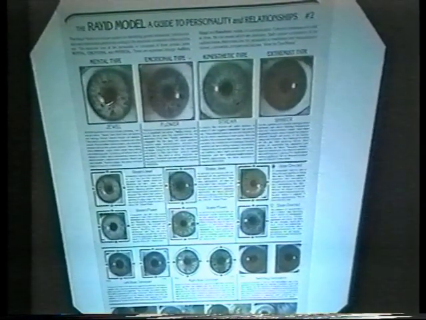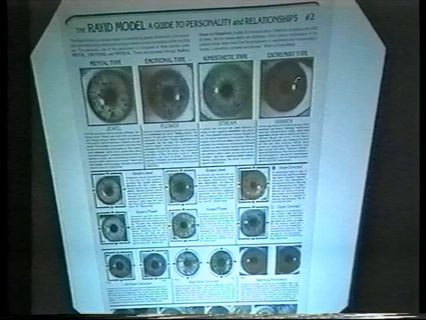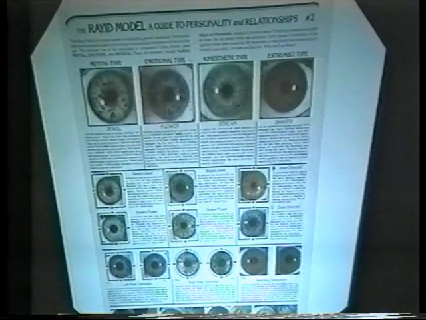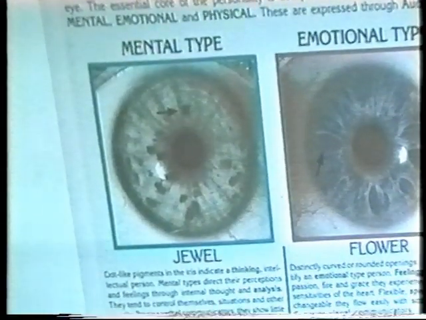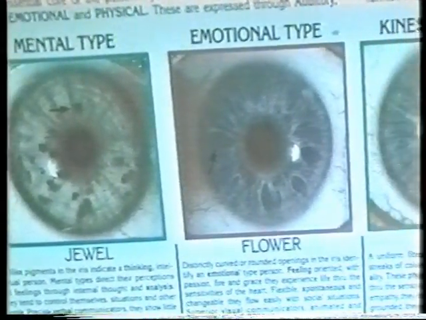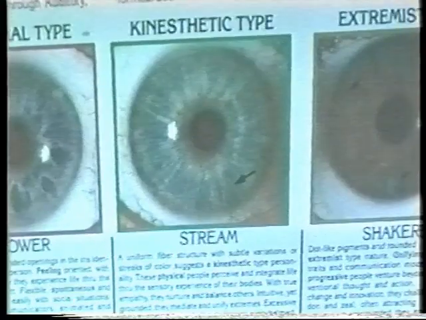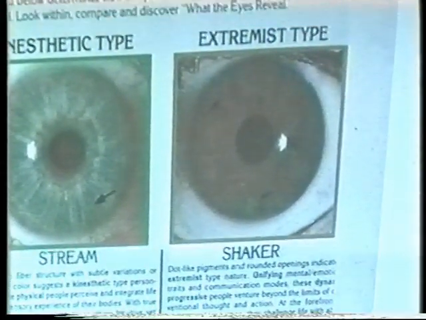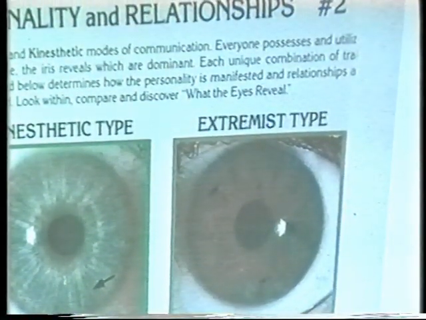You see there's mental type, emotional type. This is me over here, extremist type. And this is clearly a subject with a future. In fact, it's occurred to me that if uses of iris analysis for security don't pan out, there's still a future, at least in the Bay Area, in this sort of work.